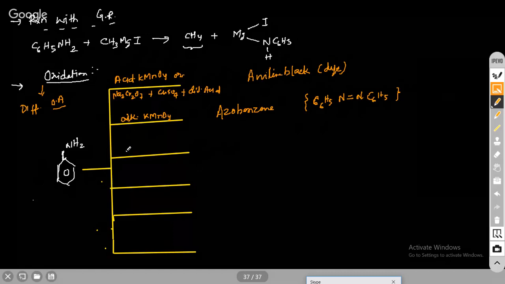When we use chromic acid, what is chromic acid? H2CrO4, right? Or we also write it as Na2Cr2O7 plus concentrated H2SO4. In this, we'll get parabenzoquinone.